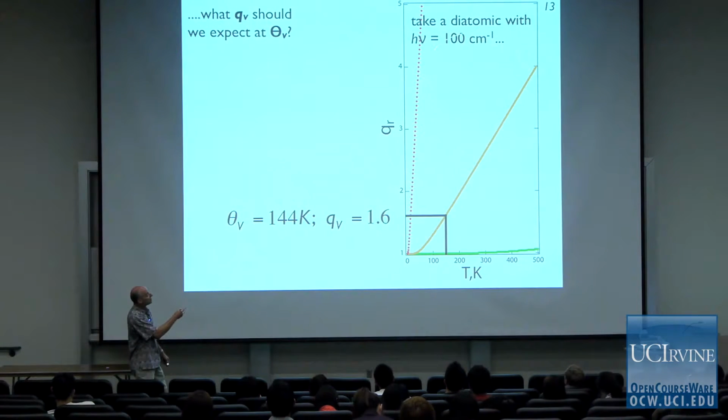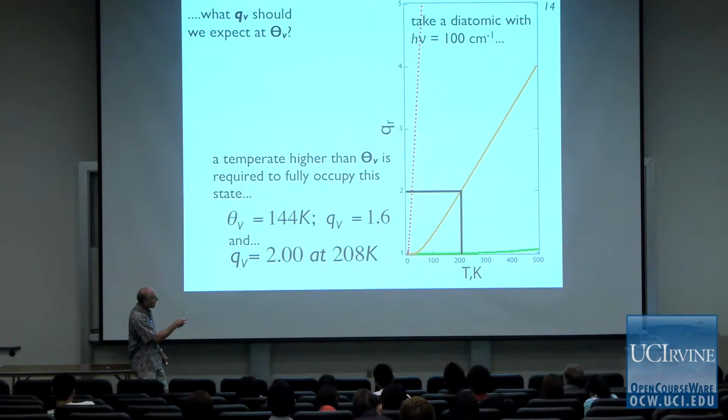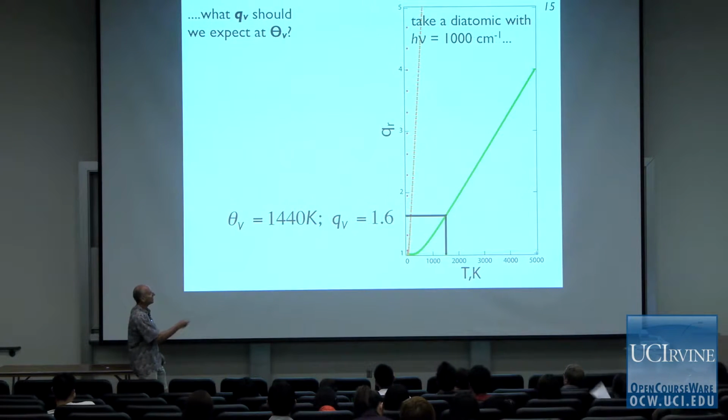Even though we change the energy of the mode by a factor of 10, and if I want to fully access the first excited state, I'm going to have to go up to 208. That's qualitatively exactly what we saw with the lower energy mode. I have to go to roughly 30% higher temperature in order to get full occupation of that excited state. And of course, if I do this with 1,000 wave numbers, the same thing happens. 1.6.